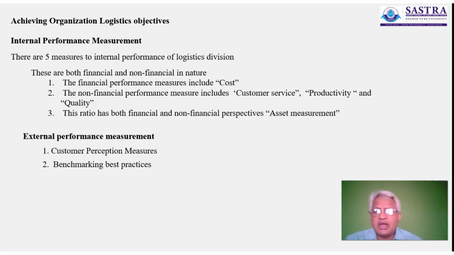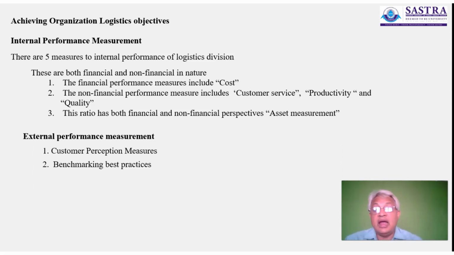Well, internal performance measurement has 5 different measures. Initially it was, as I told you, only cost, but after cost, several more measures were added to it. So let us understand, these are further divided into financial and non-financial measures. The financial performance measures include cost, which we have already looked into and will look into in detail in the next slide.